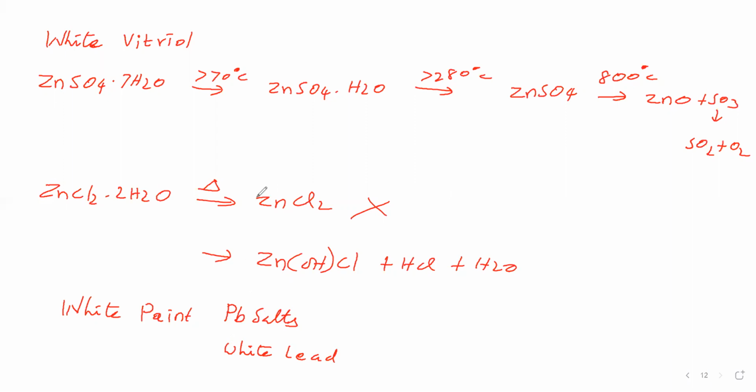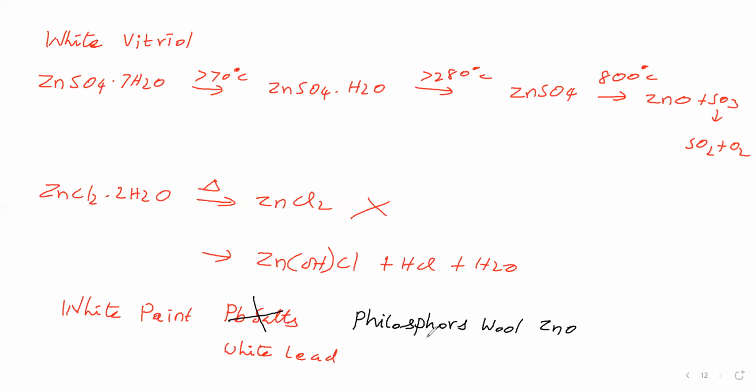In order to avoid PbS formation, instead of lead salts, what is taken? Zinc oxide is taken in the white paint.